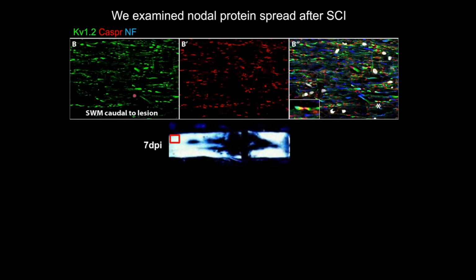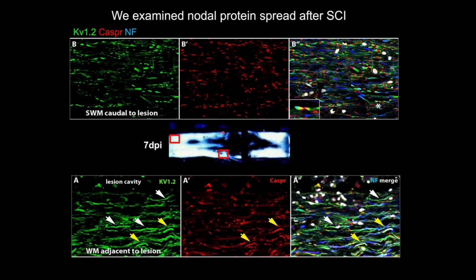And this example is actually from one of our injured mouse tissue sections that is in white matter quite distal to the lesion epicenter. If we look in the same section now close to the epicenter, this is what the tissue looks like. The potassium channels you can see are spread for long distances along the axons. Caspr proteins are also spread and disorganized.